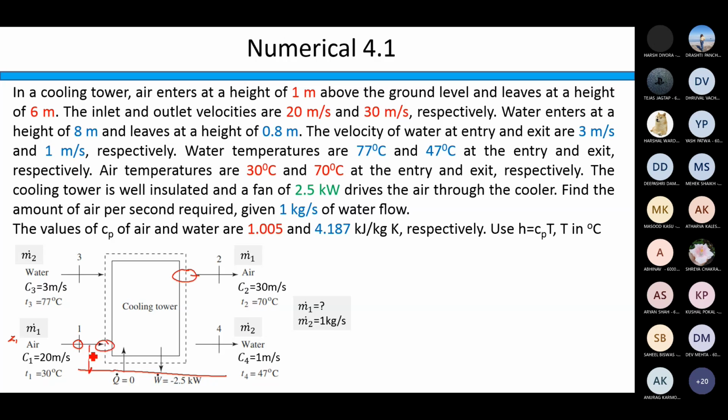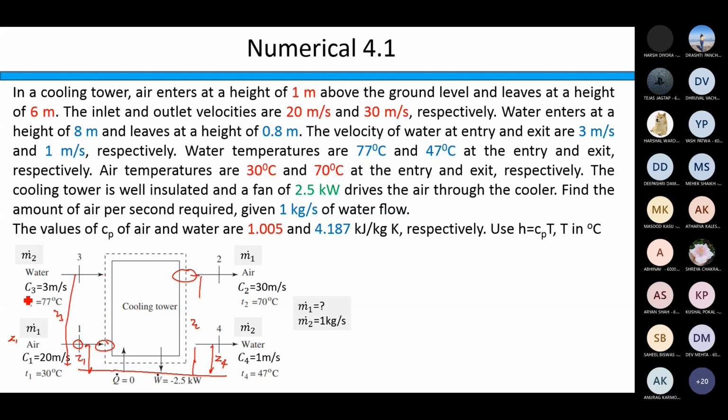So this height is Z1, this is Z2, right? Now water is entering from the top. So this is water inlet. So this height is Z3, and it is going out from this bottom. So this is Z4, right?